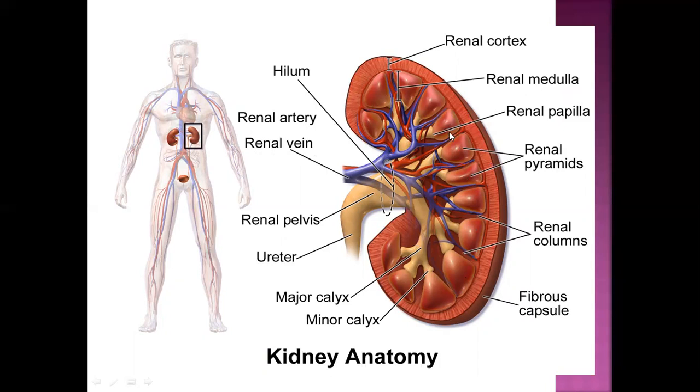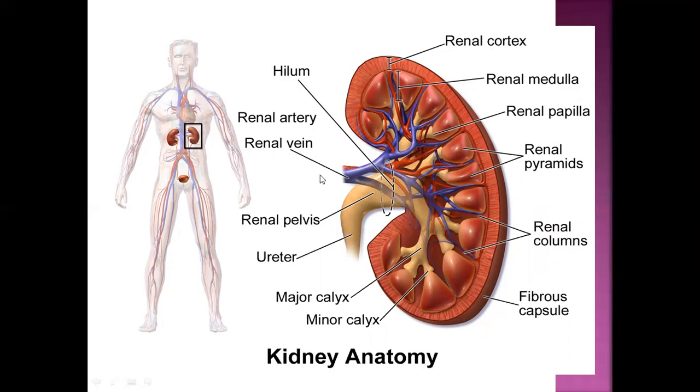The medulla can be differentiated from the cortex by these triangular pyramid-shaped structures. These are called renal pyramids, and all these pyramids collect together and form a cavity which is called the renal pelvis or pelvis cavity.